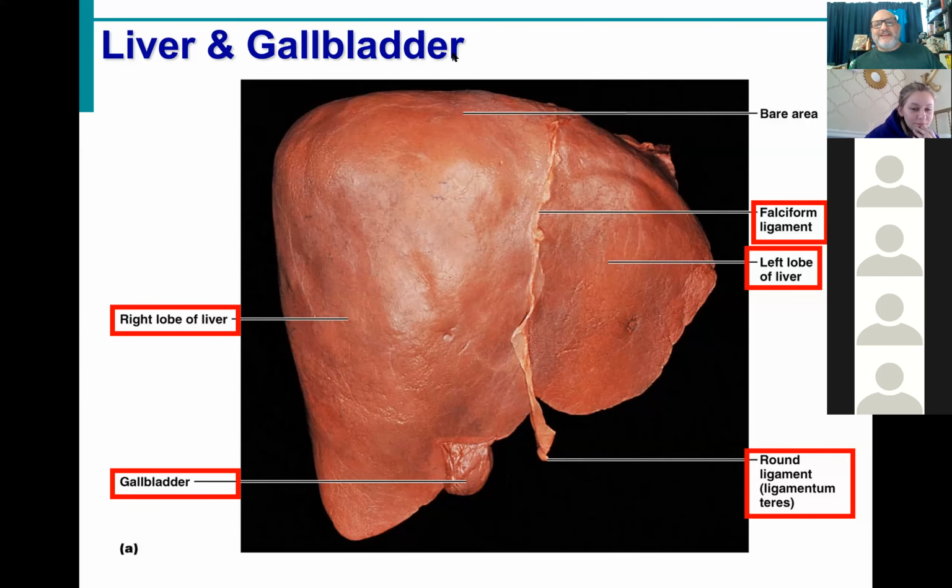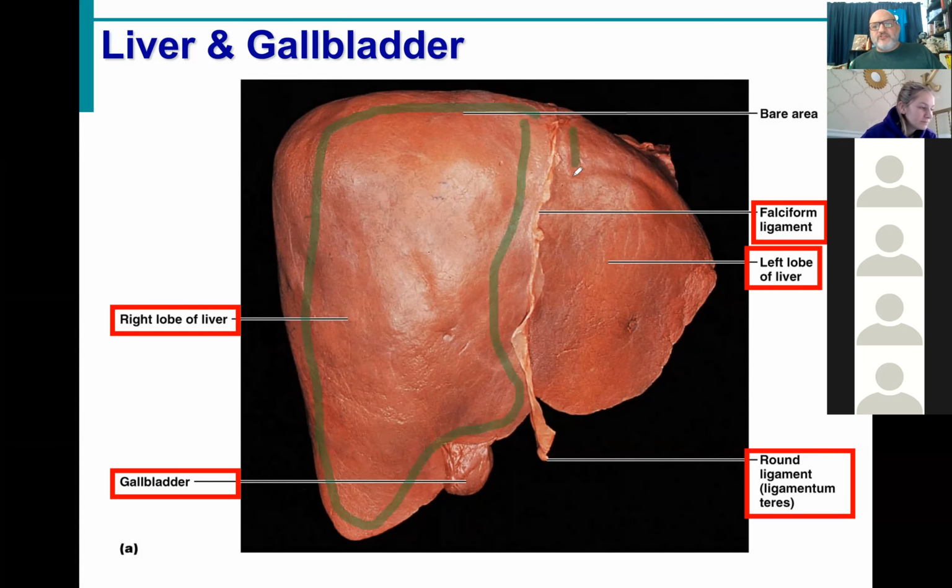Here we see an anterior view. And as you look in this anterior view, you can see the very large right lobe of the liver and the much, much smaller left lobe. These lobes can clearly be distinguished from each other by a large connective tissue fascia that separates them, known as the falciform ligament.